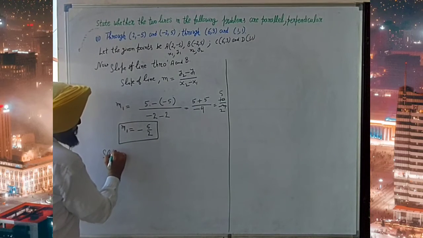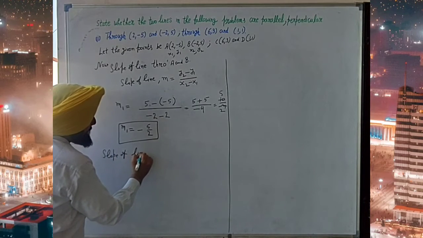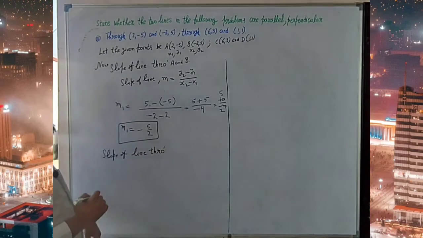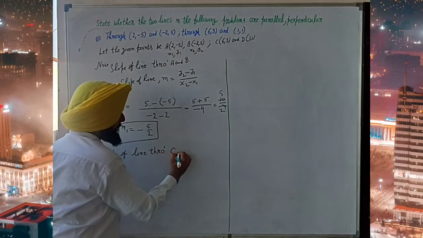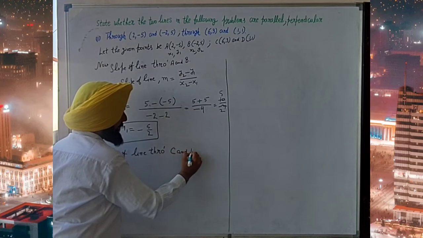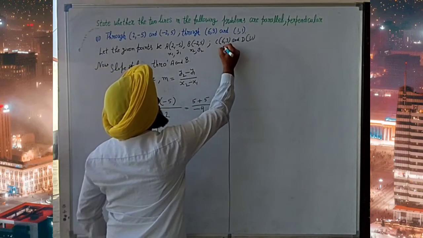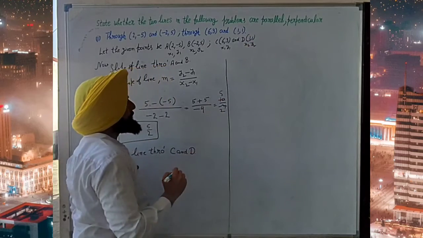Now, similarly slope of line through C and D, again x1 y1 x2 y2.